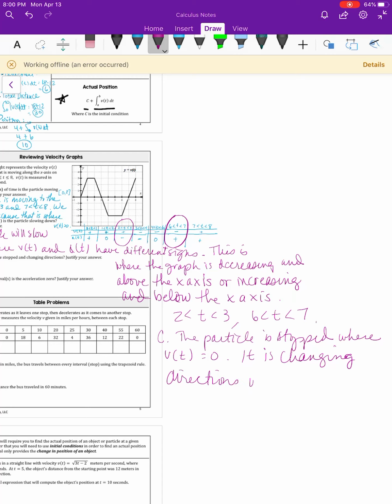It is changing directions when v of t goes from negative to positive or positive to negative.